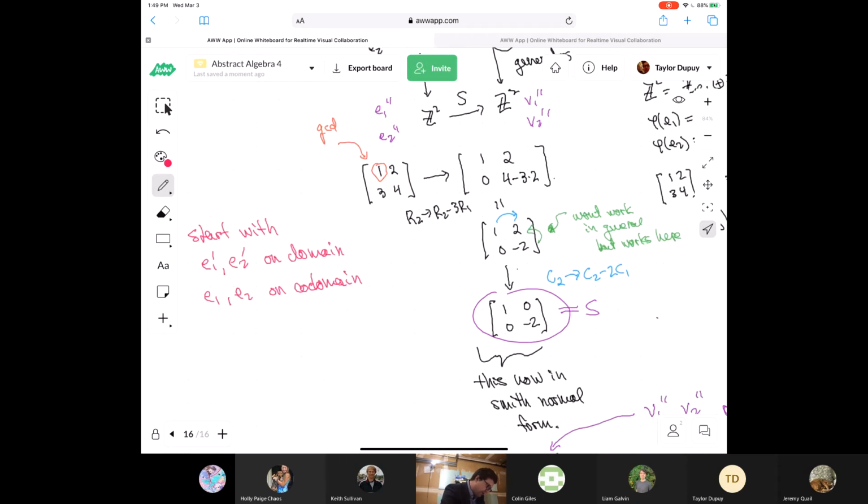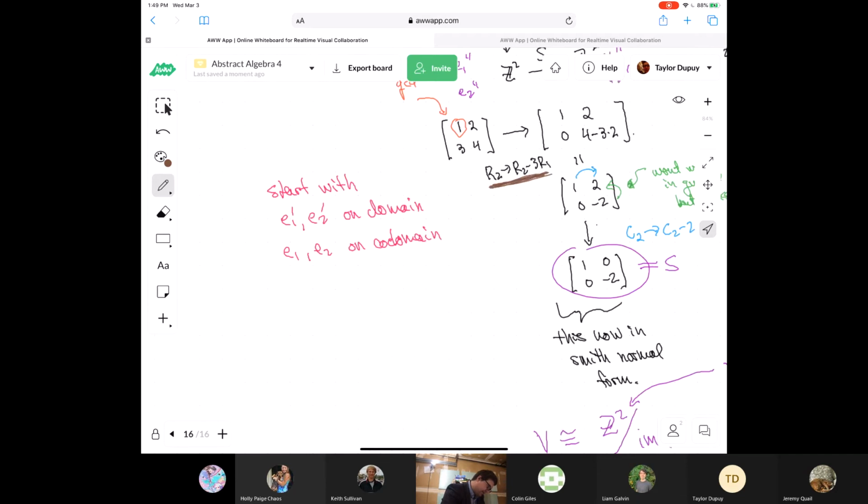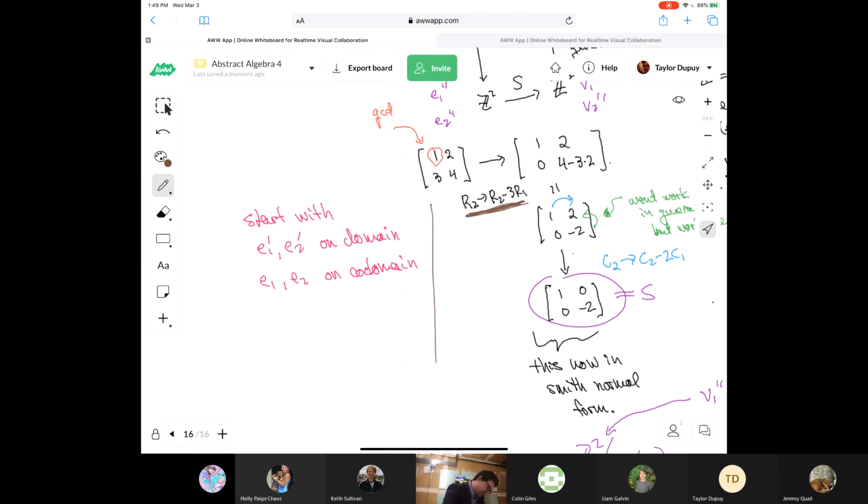Okay, so we did a row operation here. This operation here is a change of basis on the codomain.